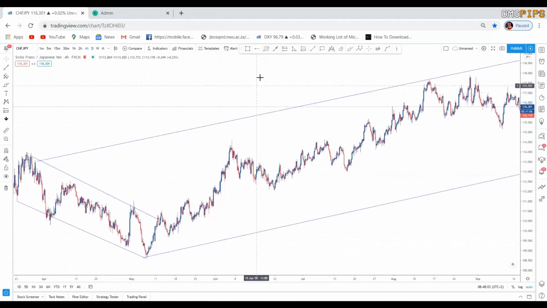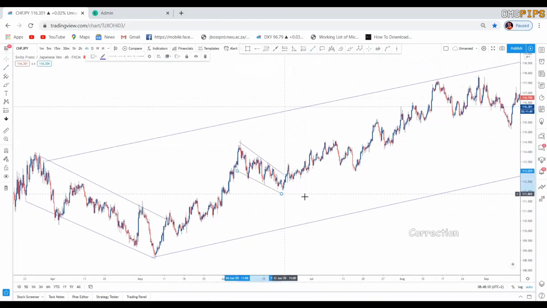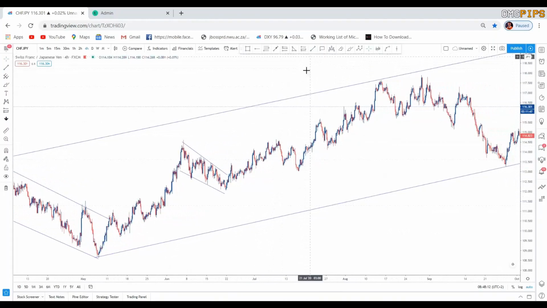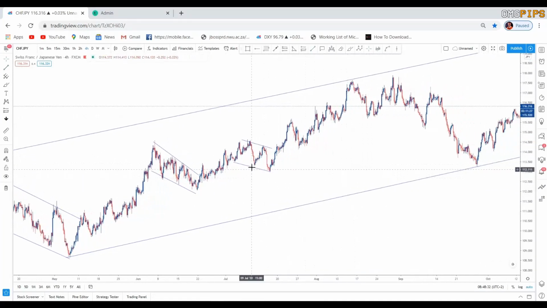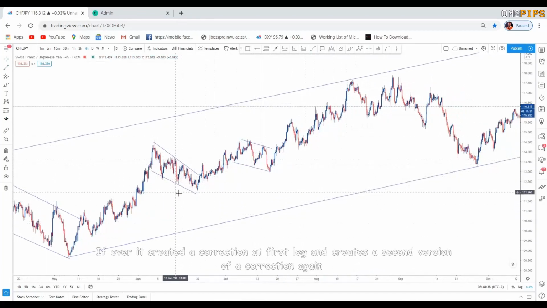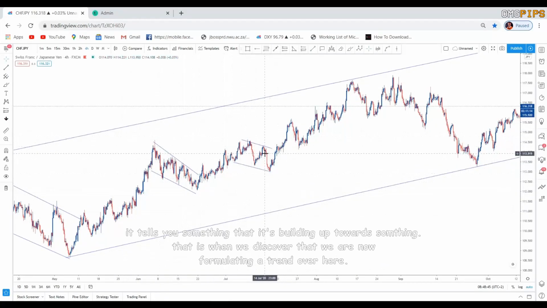This was an impulse move, so correction, also correction, correction also over here, and then we literally read. If ever it created a correction at first leg and creates the second version of a correction again, it tells you something, that it's building up towards something.